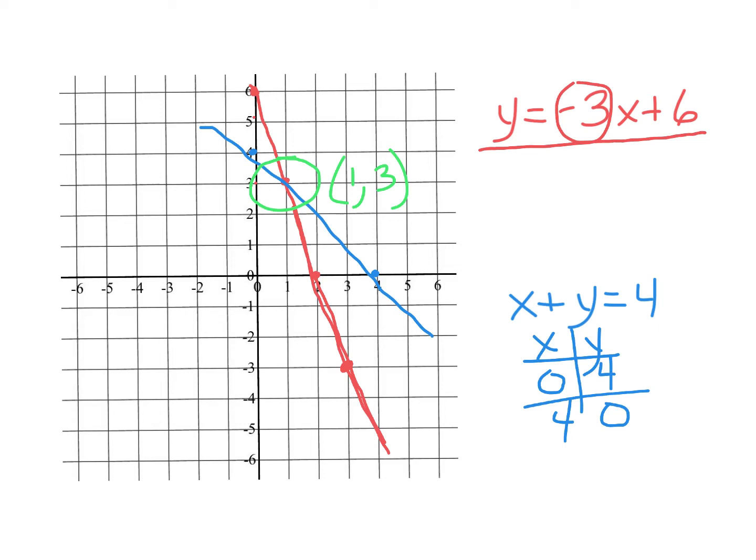It works in this one: if x is equal to 1, negative 3 plus 6 does equal 3, so it does work, and (1, 3) will work in the second equation as well. So the point that satisfies both of these equations is the point (1, 3), and in systems of equations, that's what you are looking for. Is there a point that satisfies both equations?